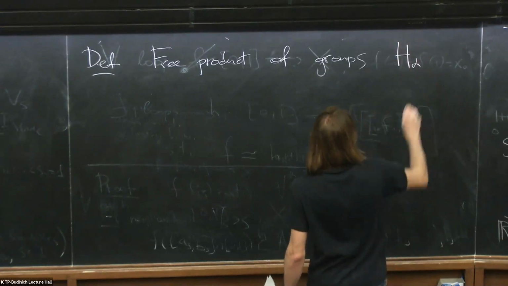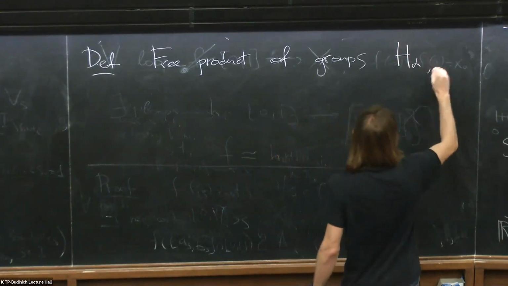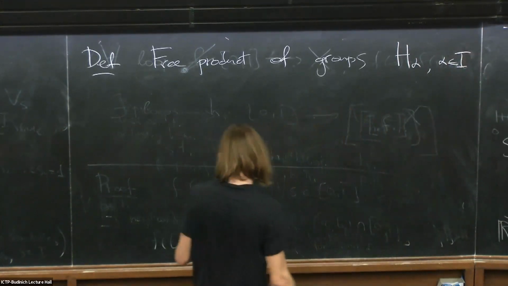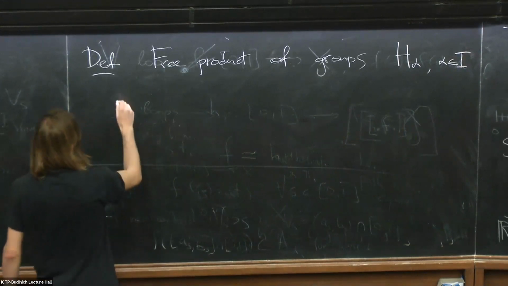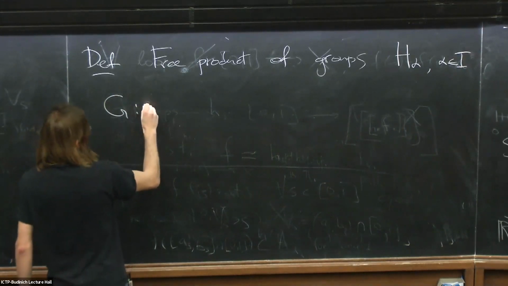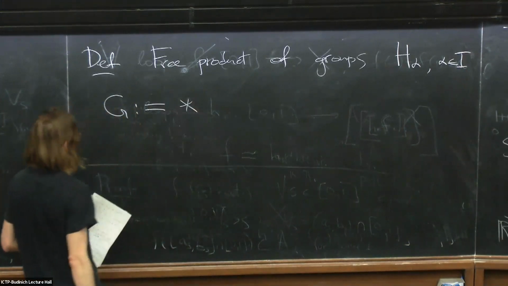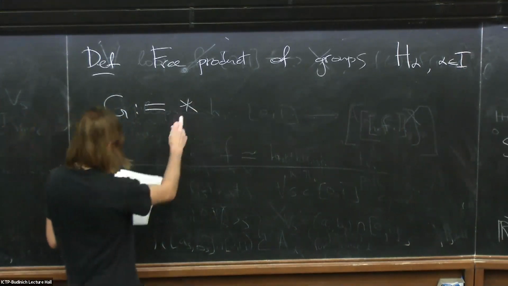Suppose we have a family of groups H alpha, labeled by some set I. Then we want to define a free product, which is denoted by this star.